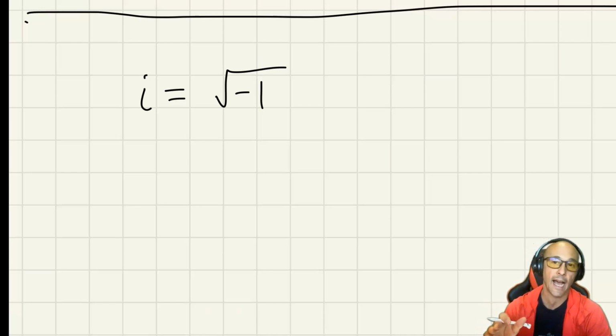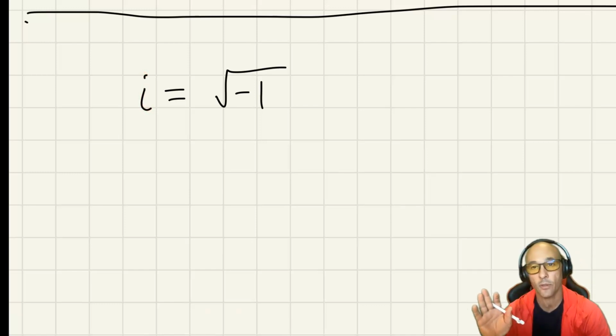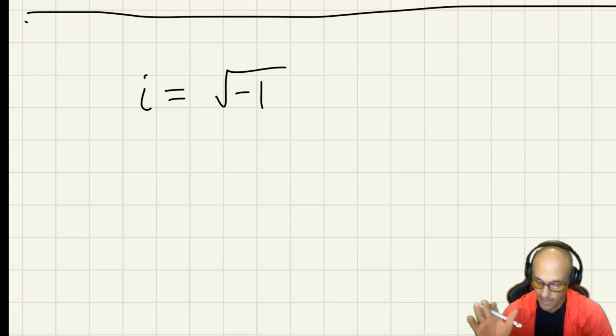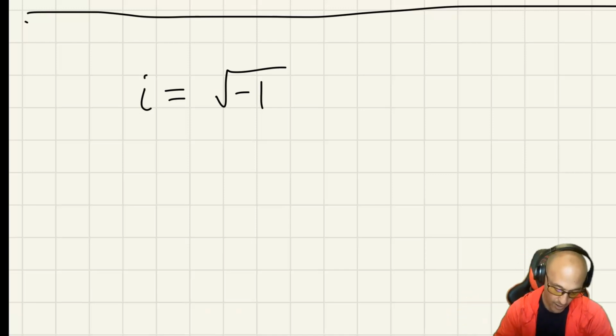Mathematicians decided, listen, we're not going to use i as a variable or unknown value anymore. Usually we use x, that's the most common, but never use i, because now i is equal to square root of negative 1. Okay, that's good. We can deal with that.